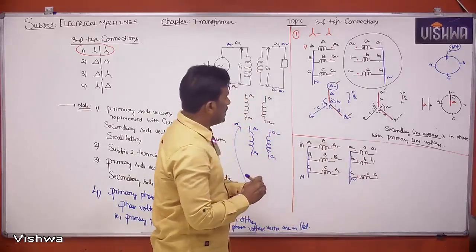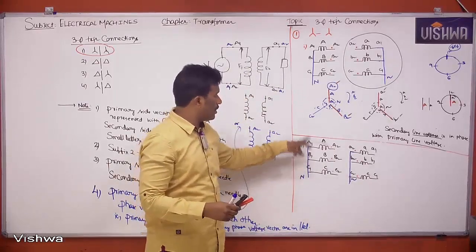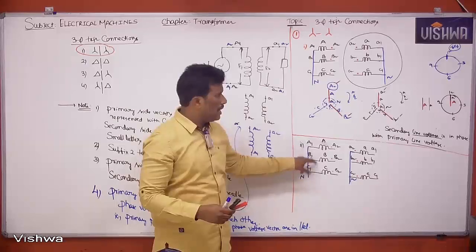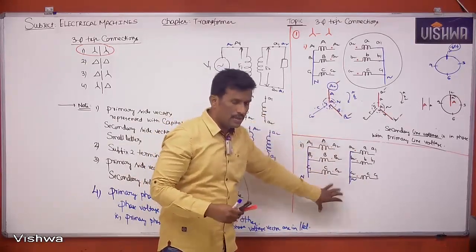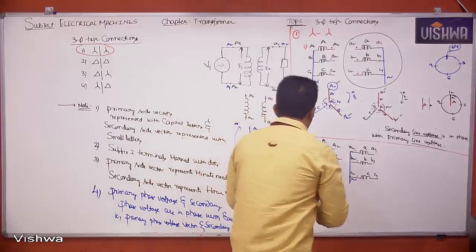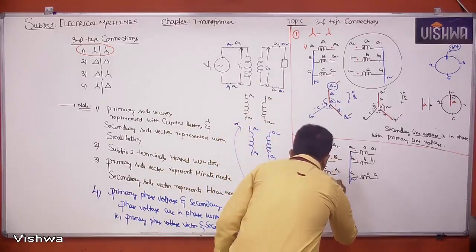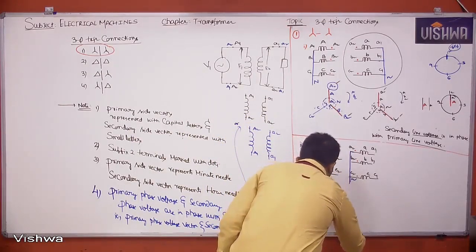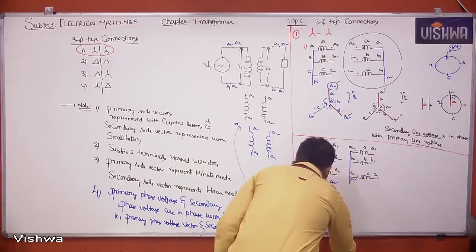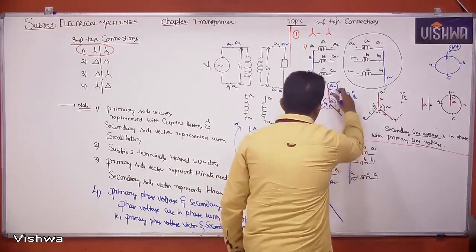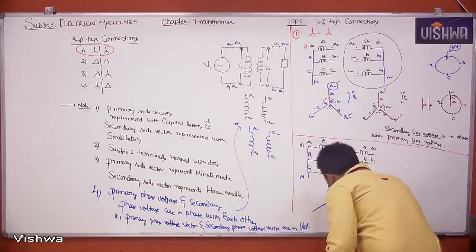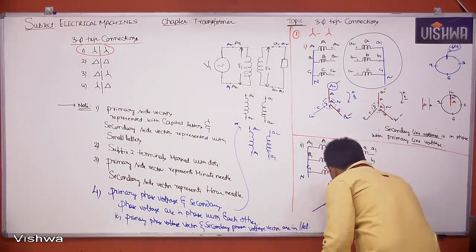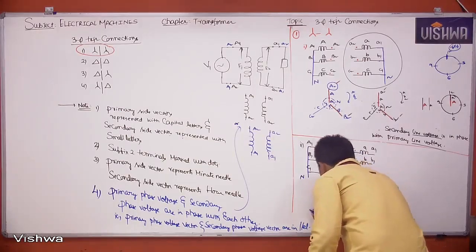Now, since I did not disturb the primary of case 1, for the primary of case 2 I can draw this one similar like this. I can draw the same thing here. Okay, please try to follow. This is capital A2, B2, C2.